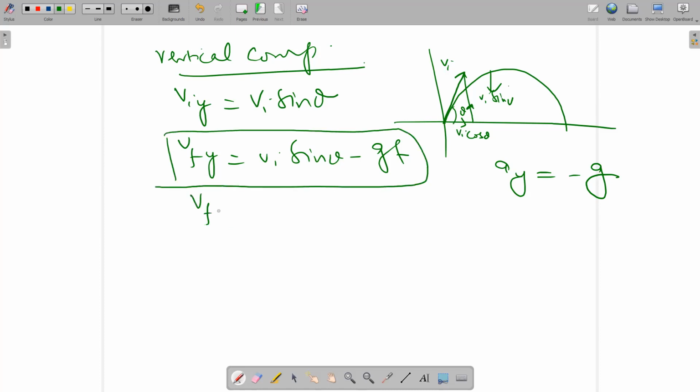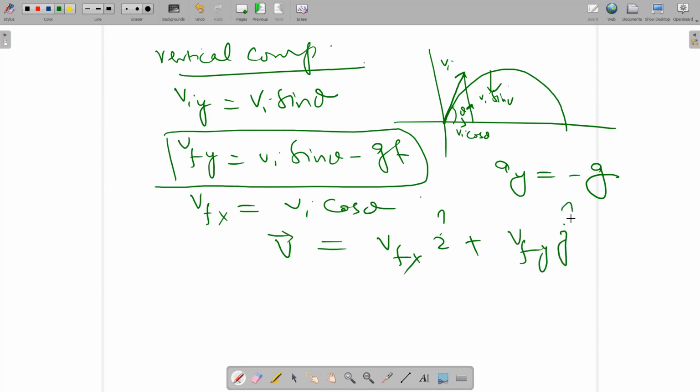And what is our final horizontal velocity? This is Vi cos of theta. So if you want to write the equation Vf is equal to Vfx into i unit vector plus Vfy into j unit vector, you can write this as Vi cos of theta into i unit vector plus (Vi sine of theta minus gt) into j unit vector.